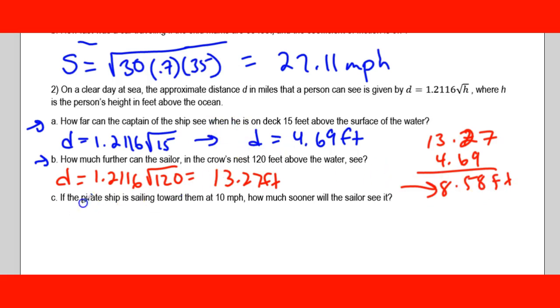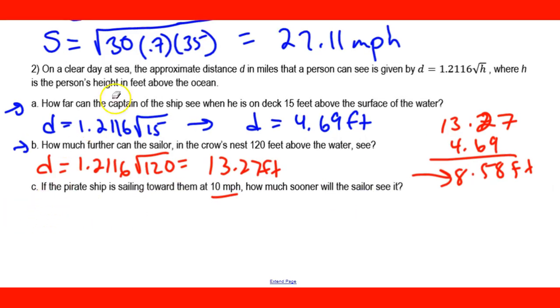Then this last problem, guys, says if the pirate ship is sailing towards them at 10 miles per hour, how much sooner will the sailor see it? Remember, the formula for distance is distance equals speed times time.